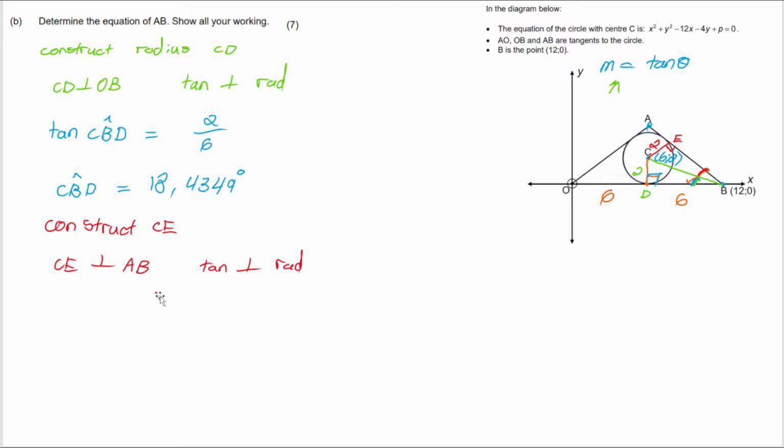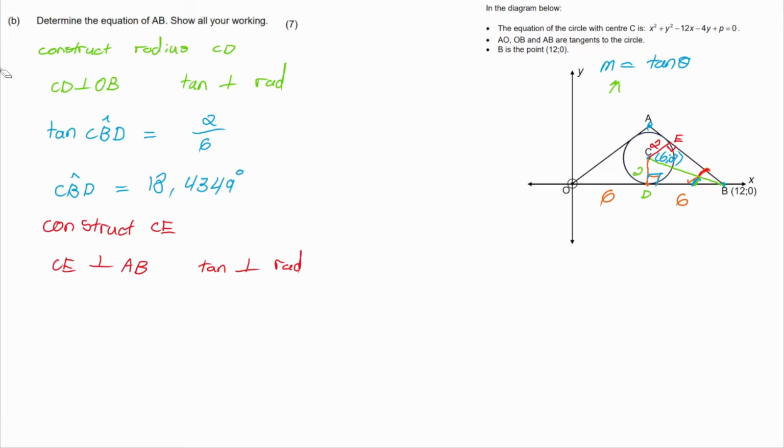But anyways, let me erase this. I'm probably on the wrong screen. Yeah, okay. Anyways, so I have this. And now what I have to do is work out distance CB. So I use the distance formula. That's going to be 12 minus 6 squared plus 0 minus 2 squared.